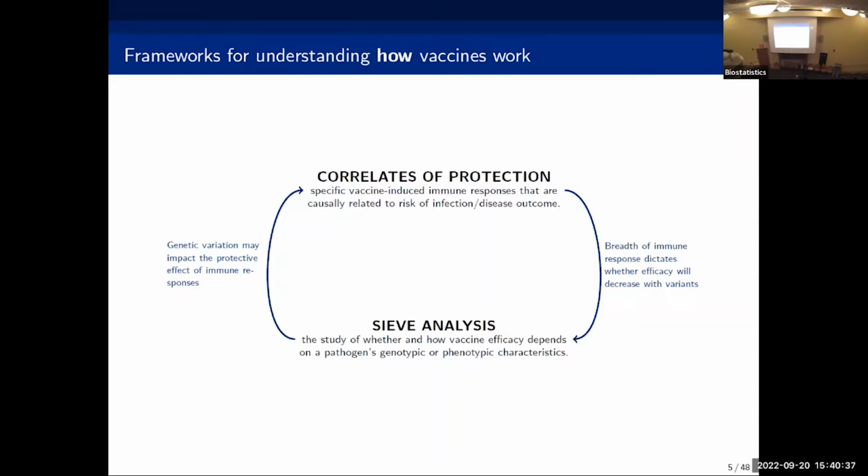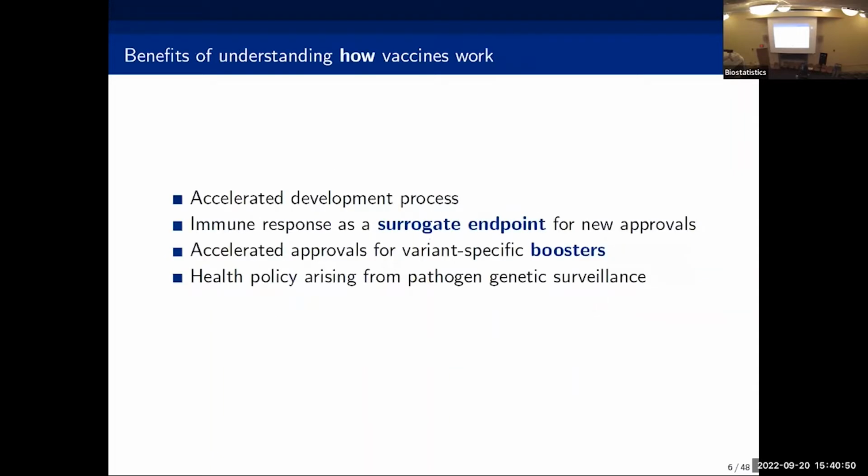In particular, perhaps your antibodies are no longer binding to the spike protein as well. Depending on the scientific question you're interested in, you might take a different tack to coming up with a policy-relevant scientific question.